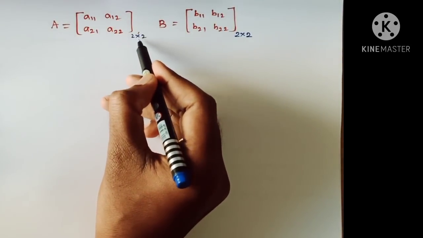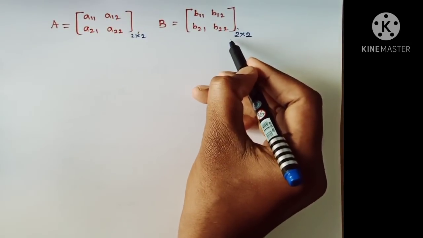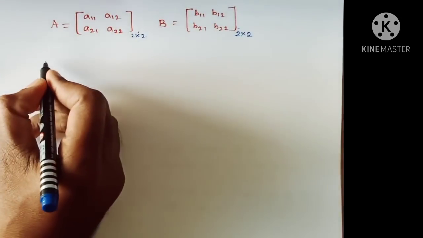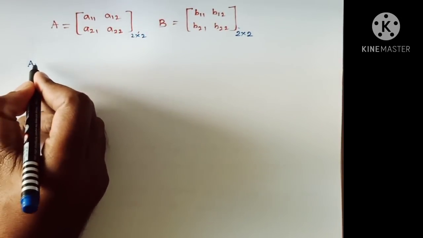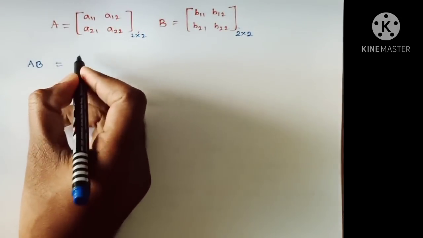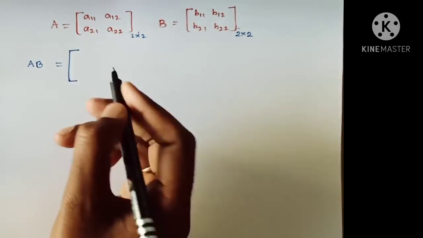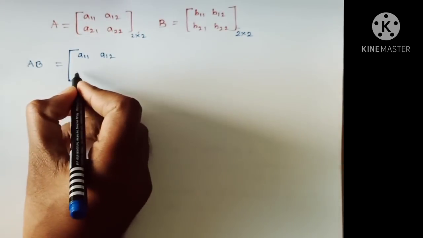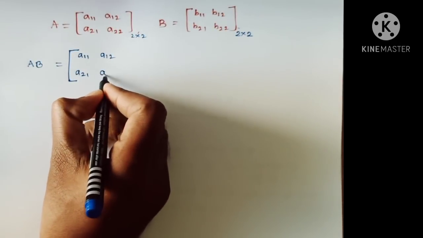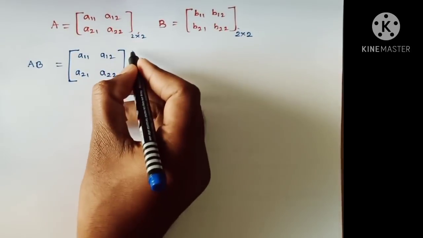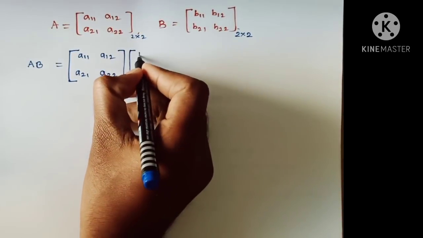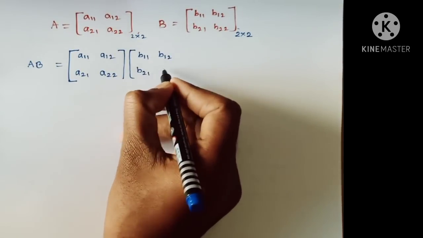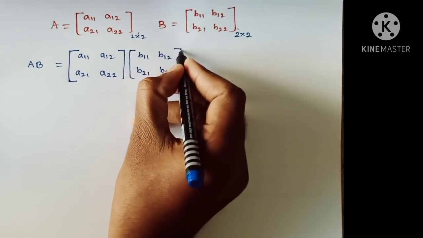Therefore, the number of columns of the first matrix is equal to the number of rows of the second matrix, so the product AB exists.